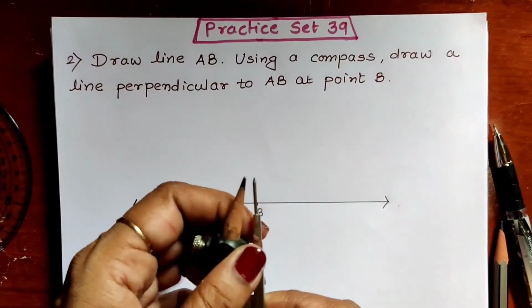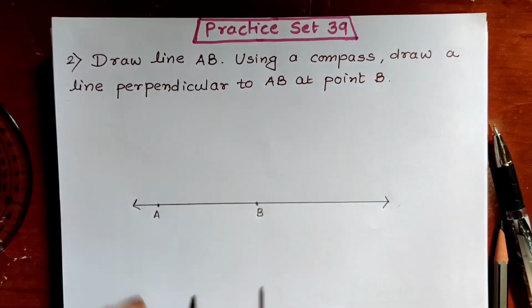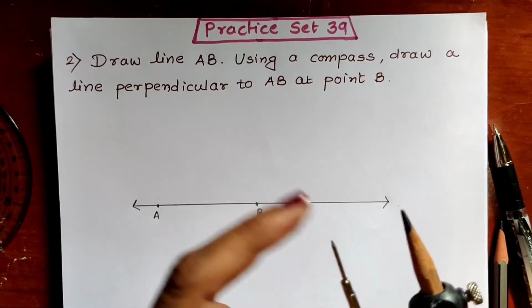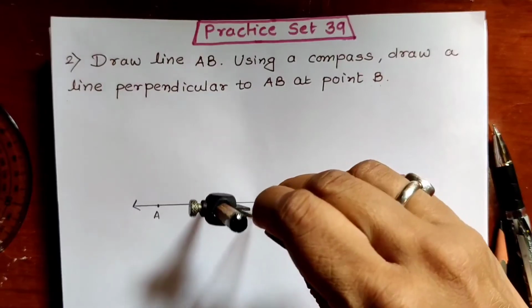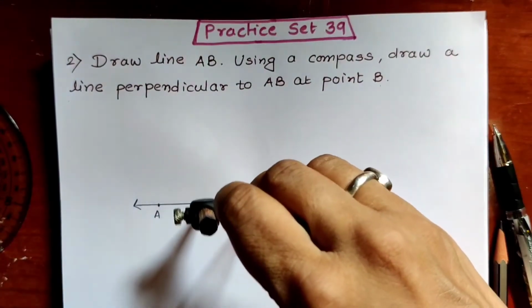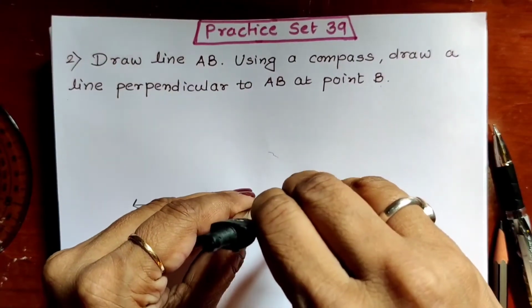This is my compass. I am taking a certain distance in my compass. You can take any distance. Again, for this distance there is no measurement. And then we will place this pointed tip on point B, and we will make the arcs on both sides of point B, on the left side as well as on the right side on line AB.